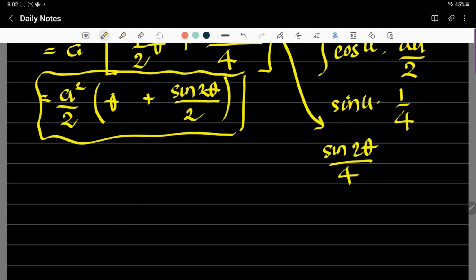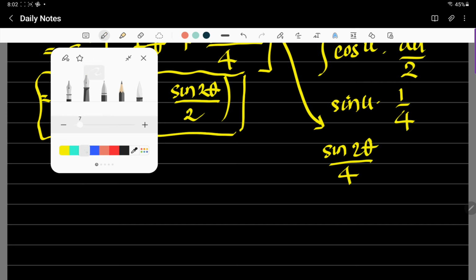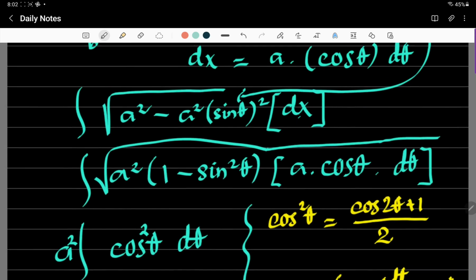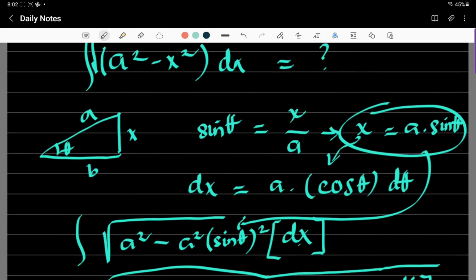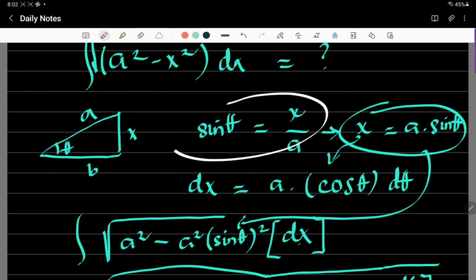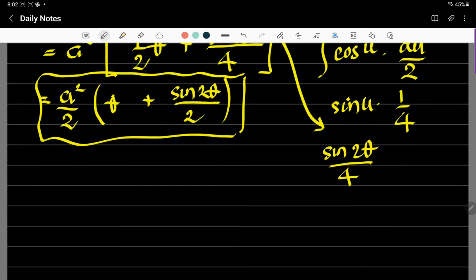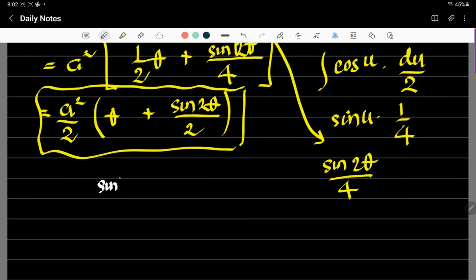Okay, let's change color so we can do maybe white. Now look, earlier we said that we put sine theta right here, right? So we need sine theta. So if earlier sine theta equal x over a, theta equal what? Inverse of x over a, right?